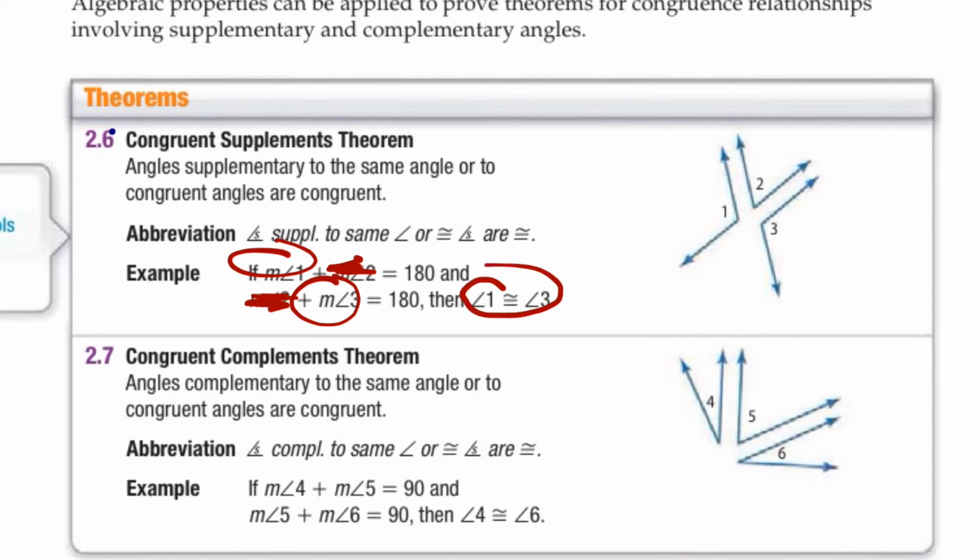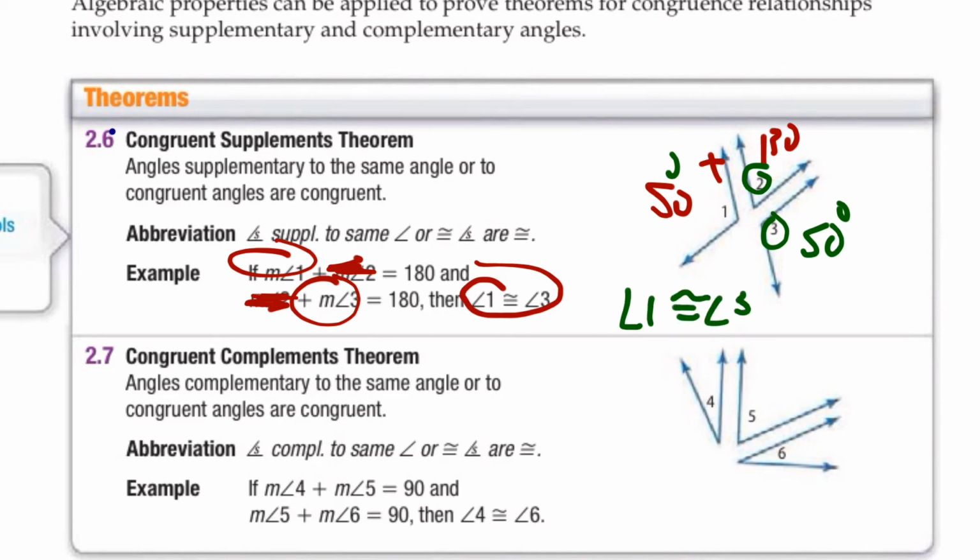So those two have to be congruent. For example, let's say this were 50 degrees, this were 130 degrees, and if these two add up to 180, and angle 2 and angle 3 add up to 180, well, the only thing angle 3 can be is also 50 degrees, which means angle 1 is congruent to angle 3.